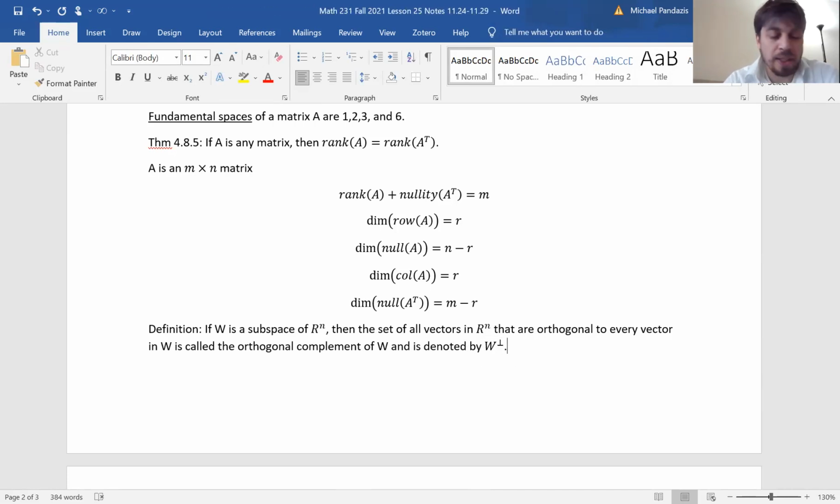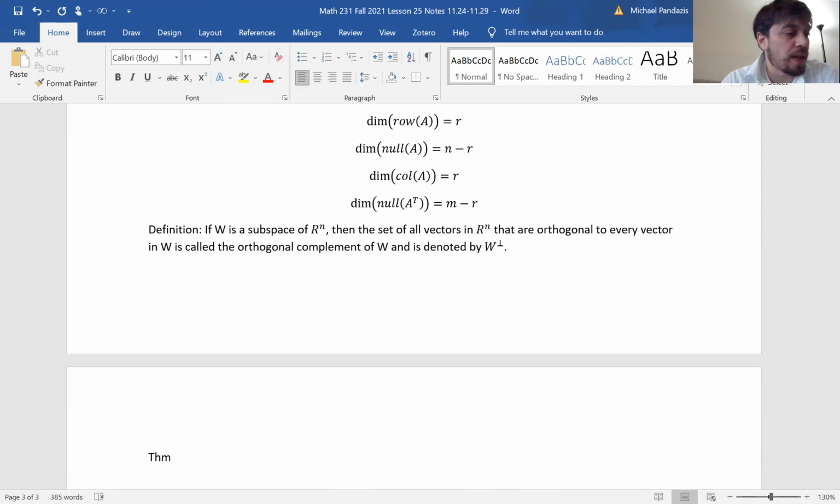W with a perpendicular sign as a superscript. That's the orthogonal complement of W. The space of all vectors orthogonal to every vector in W.